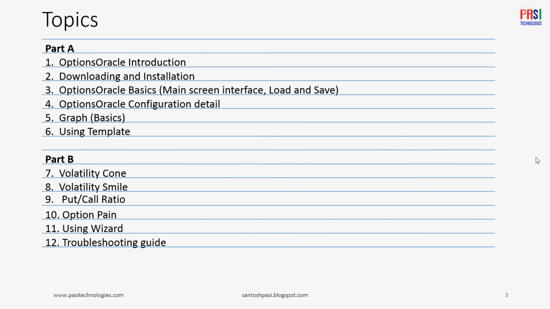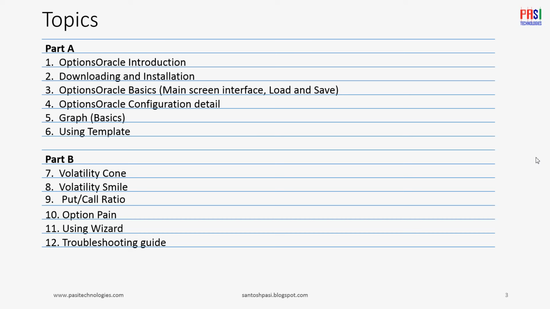So this recording would be in two parts. Part A would be about OptionOracle, and part B would be about OptionOracle accessories. In part A, I'll introduce OptionOracle, and then we'll see how to download and how to do the installation. Then I'll get to the main screen interface.